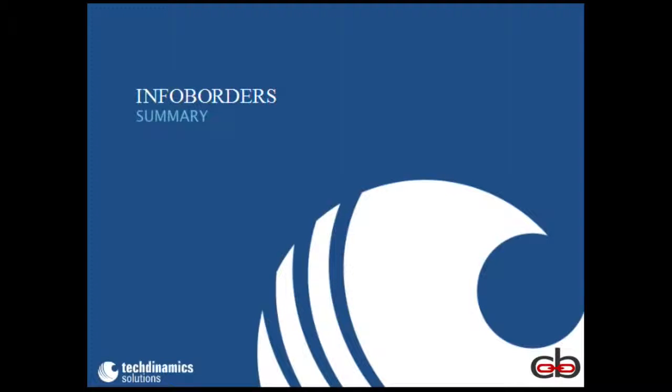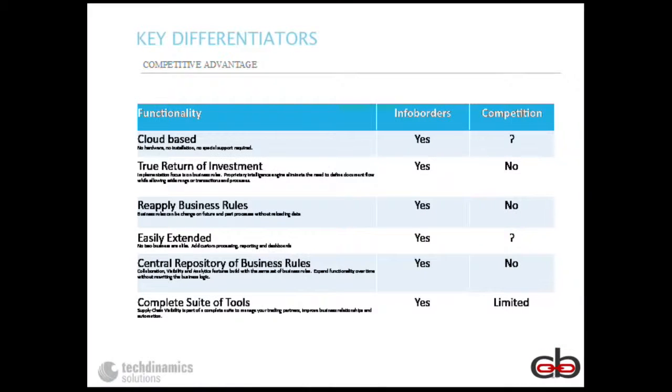And so in summary, what we really have seen is that InfoBorders is really a new breed of a solution. It really takes us to the stage where we can actually use the B2B data, use the investment that has been already made, without much investment up front, jump in and get visibility into B2B and supply chain processes.